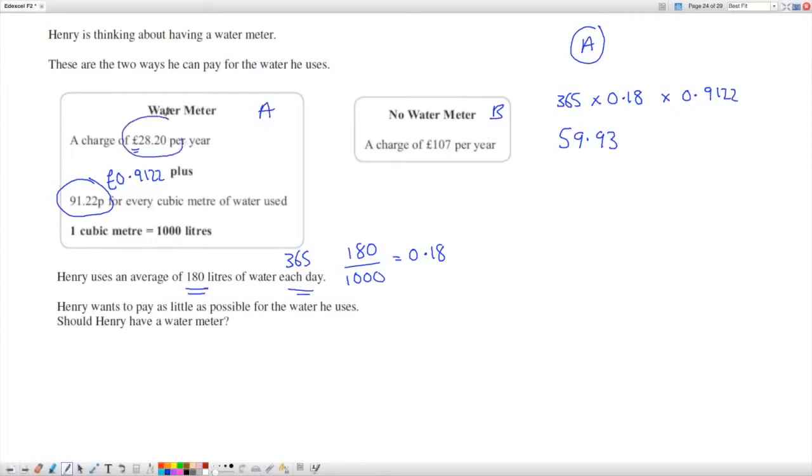But we must also add the £28.20 to give us our total price of £88.13 with a water meter, compared to the flat charge of £107 per year without a water meter. So what is cheaper? Having a water meter is better value, as this amount is less than the charge of £107.